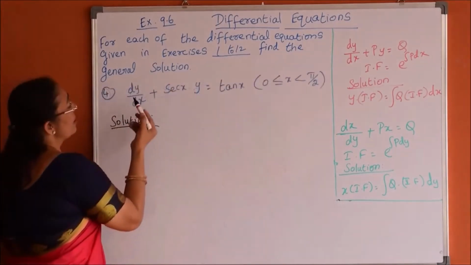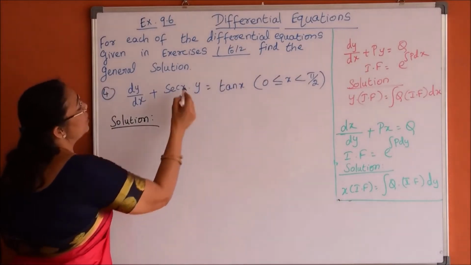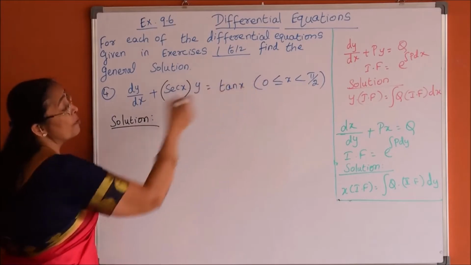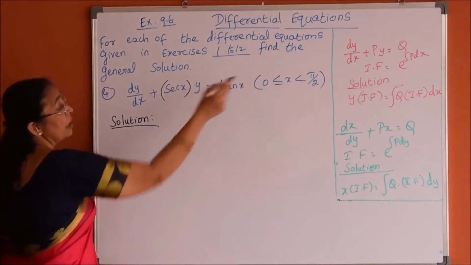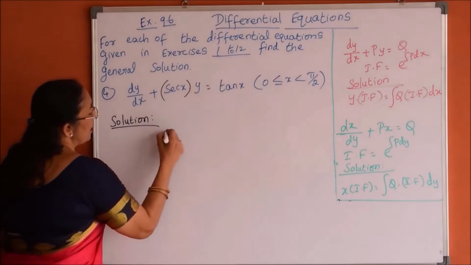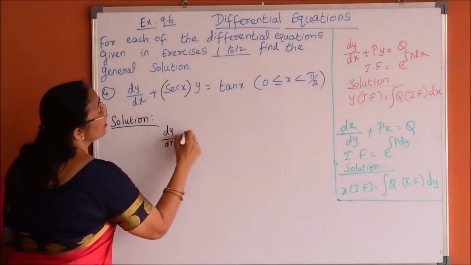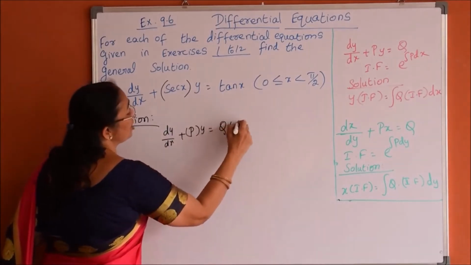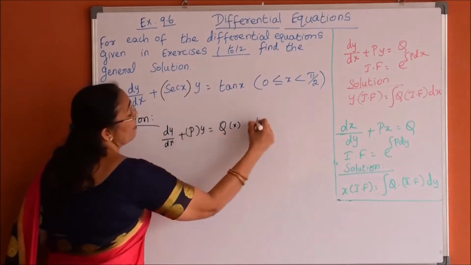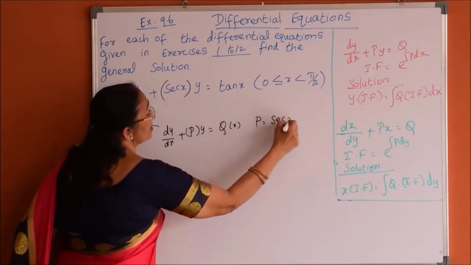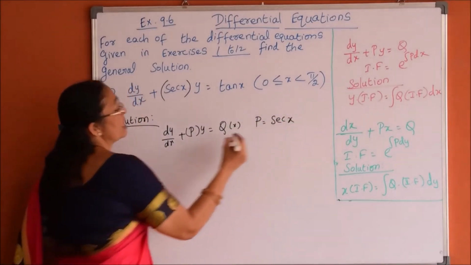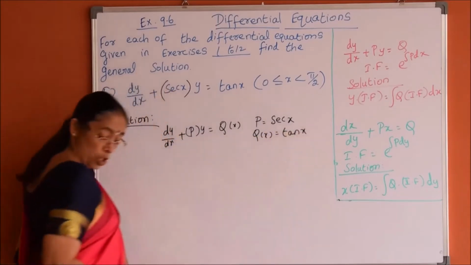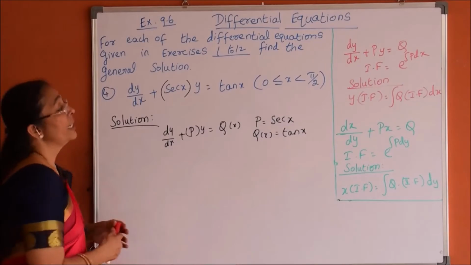Fourth problem, dy by dx plus secant x into y is equal to tan x. So we can observe this is in the form of a first order linear differential equation. So comparing with dy by dx plus p into y is equal to q, a function of x, our p value is secant x, p of x is secant x and q of x is tan x. So our first step is to find out the integrating factor.